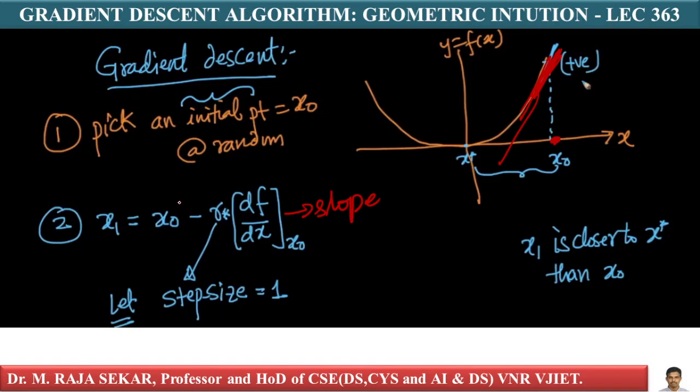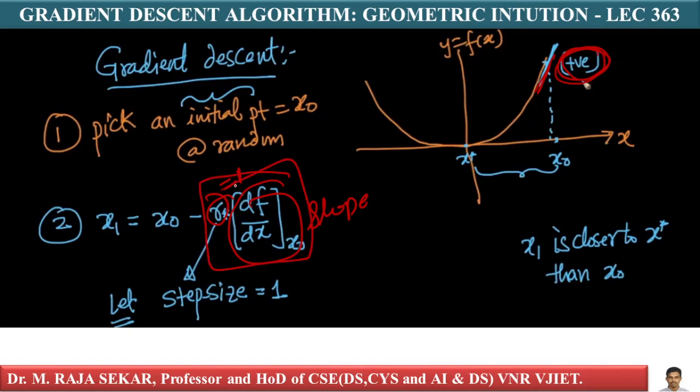Therefore, I can say x1 equal to, what will you get here? As slope is positive, this we already discussed in our previous lectures. We are fixing r as 1. df by dx at x0 is nothing but slope, which is a positive quantity, which means you are subtracting this quantity from x0.